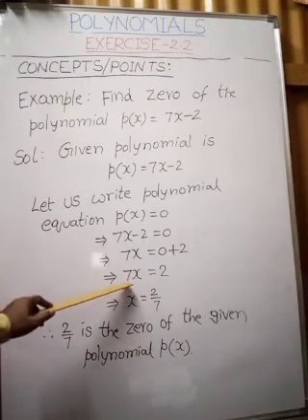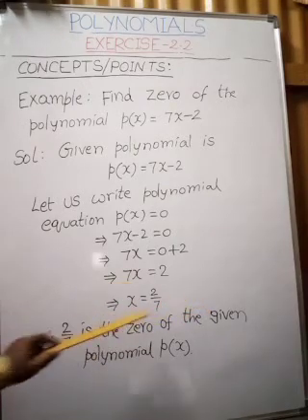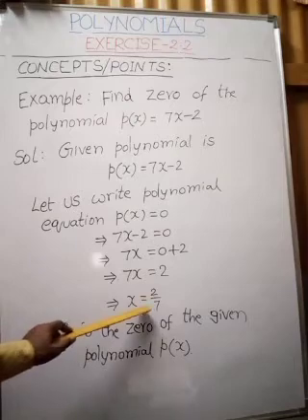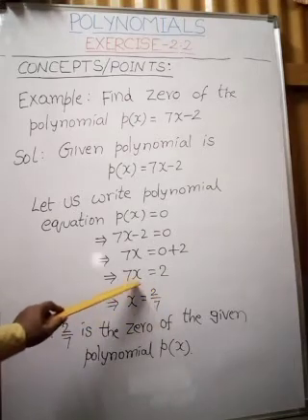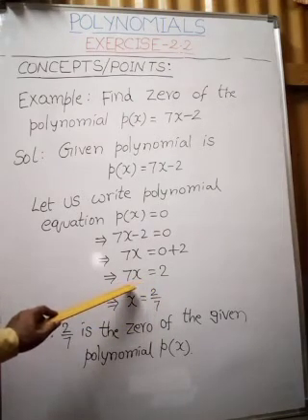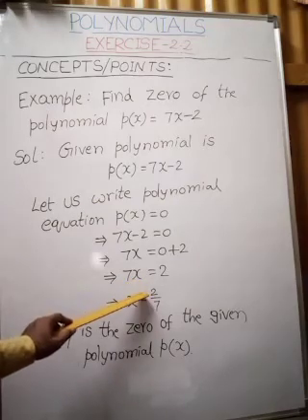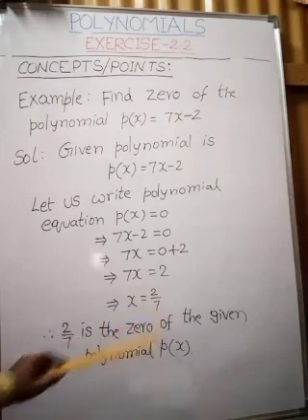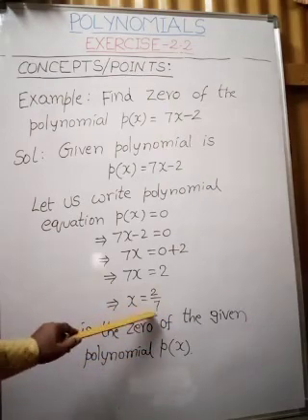Now we send this 7 to RHS. This implies in LHS only x will be left, is equal to 2 by 7, because here 7 is multiplied by x, so it becomes divided by 7. So x is equal to 2 by 7.